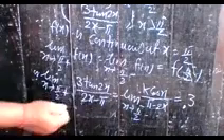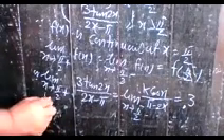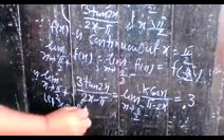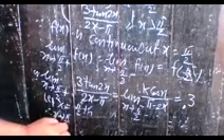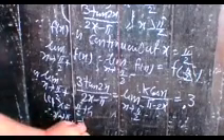Below this term, we write: let x equal to pi by 2 plus h. So x tends to pi by 2 plus implies h tends to 0. You write it in this way.